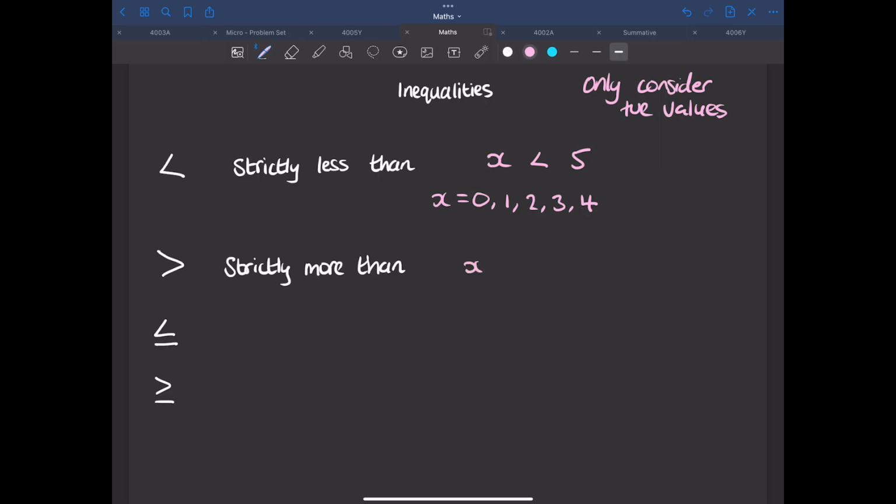So x more than 5 means x can equal 6, 7, 8, 9, all the way until infinity, right? Because it's strictly more than whatever value is being shown here, so it can't be that value. The only time it can be that value are in the scenarios shown down here by these 2 symbols.